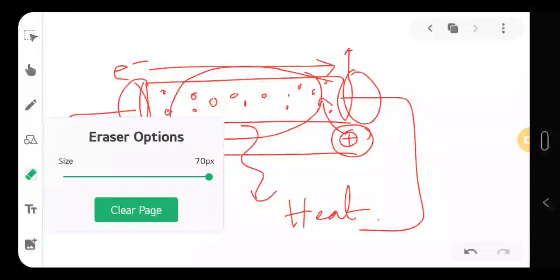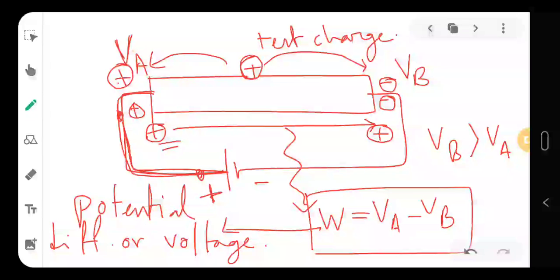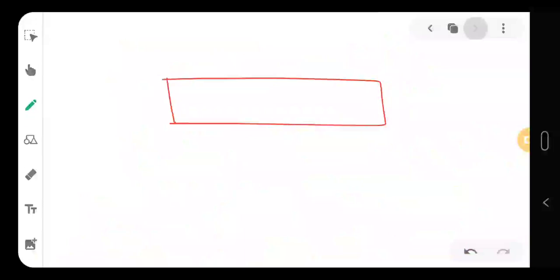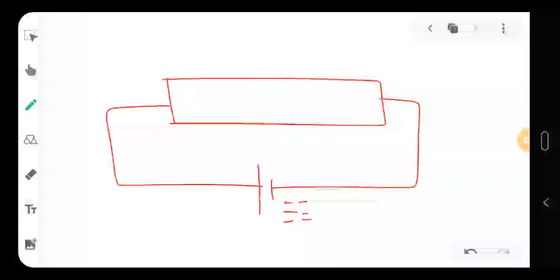I said that potential difference is there because of this thing. But think practically: there is no positive charge like that; we take it because of our convention. Actually, only electrons are there, going like this, and there are positive charge centers.